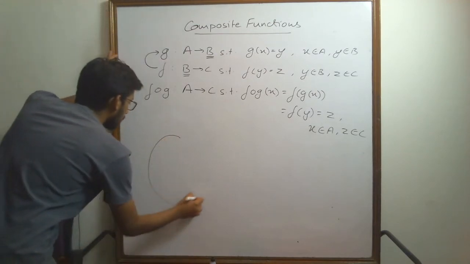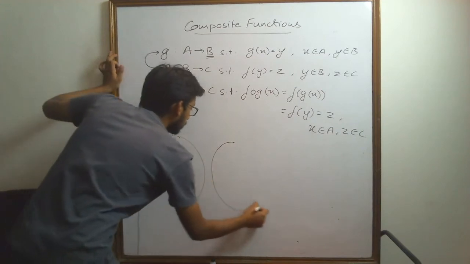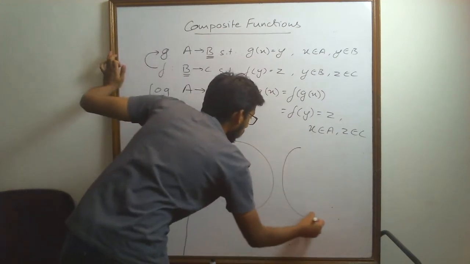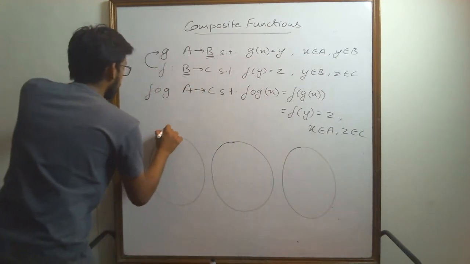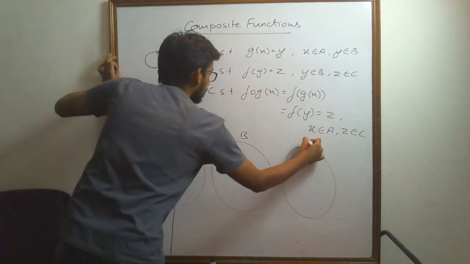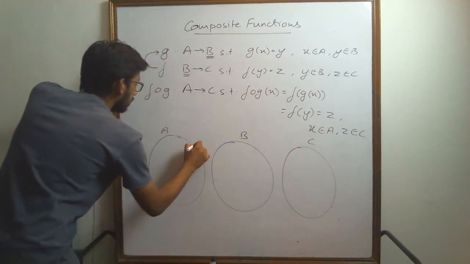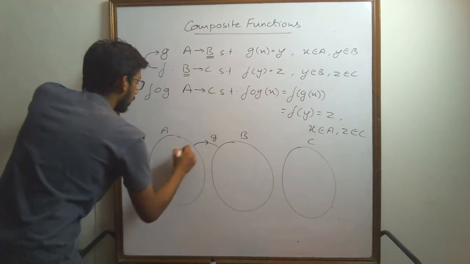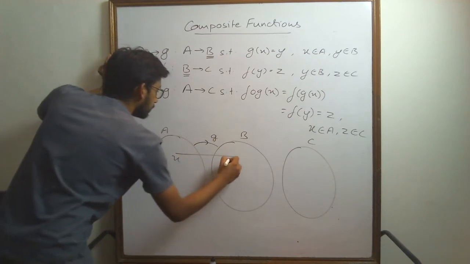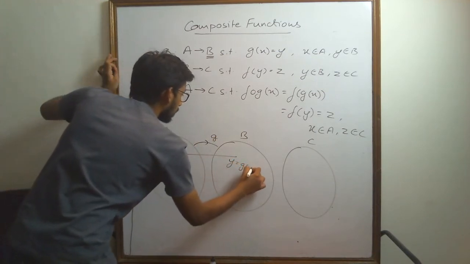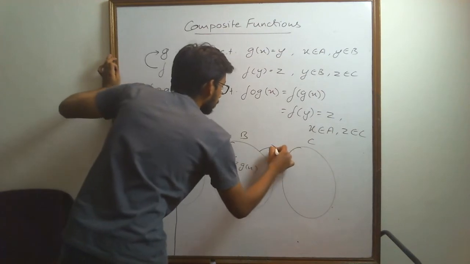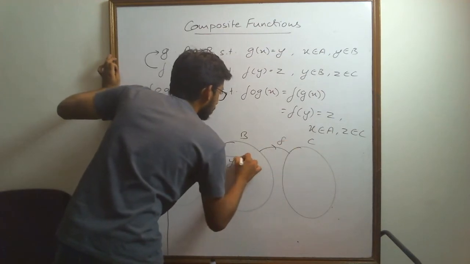Visually, let's see what is happening. This is set A, this is set B, and this is set C. Then under the function g, x is related to y, and under the function f, y is related to z.